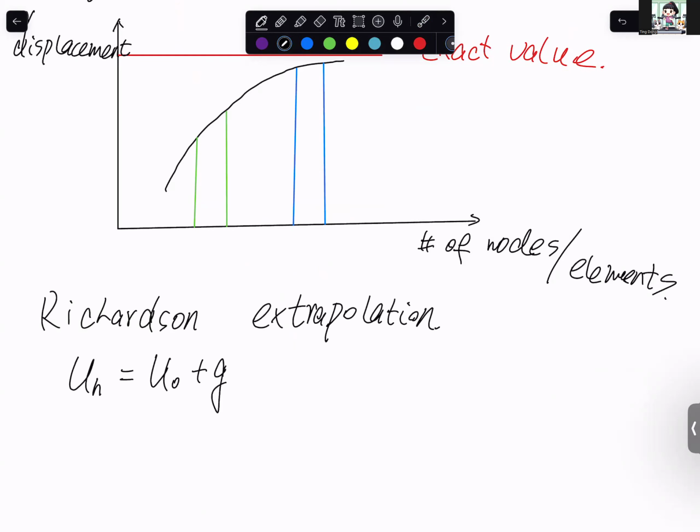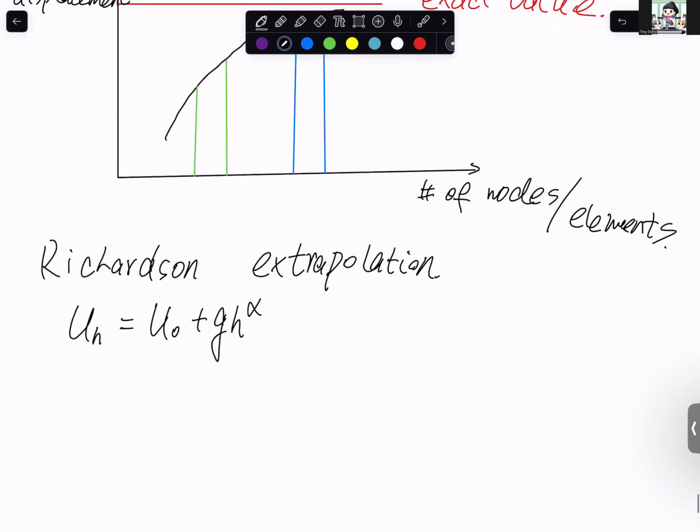And there is a constant term, H^alpha, where alpha is the convergence rate, and we have a higher order error term. I use alpha plus 1 here. So this is the model we have. And you can see that, well, let's put each parameter clear here.